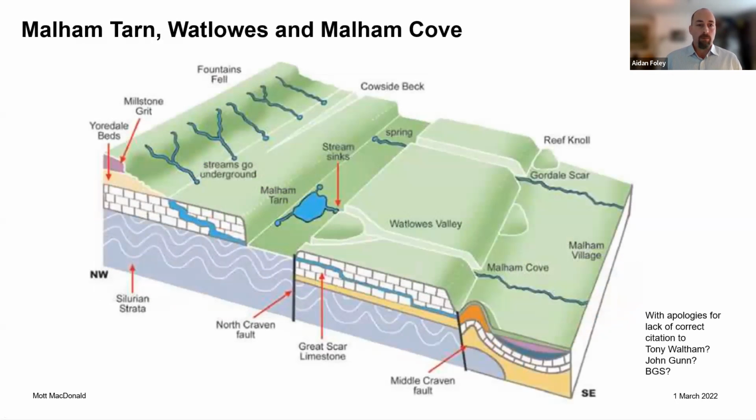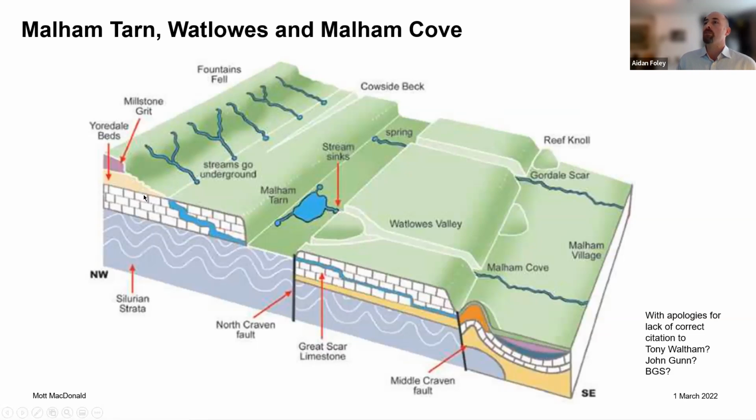An example from the Yorkshire Dales here is at Malham Cove, and the spring at Malham Cove. We can see here we have the millstone grit, which forms Fountains Fell, underlain by the sort of marly limestones of the Yoredale beds, generating surface water flow.